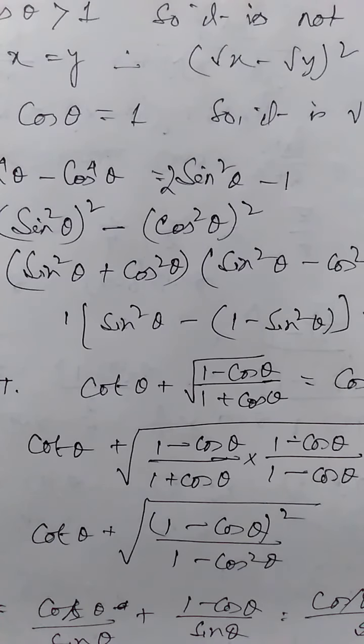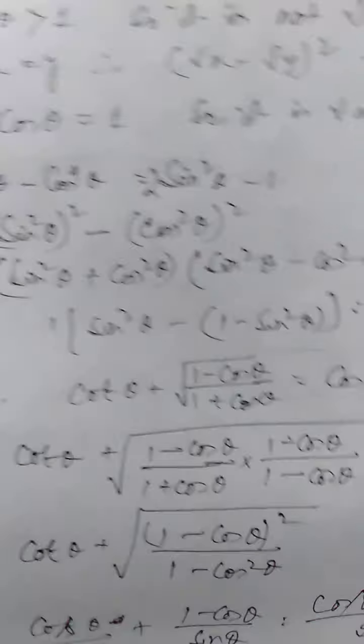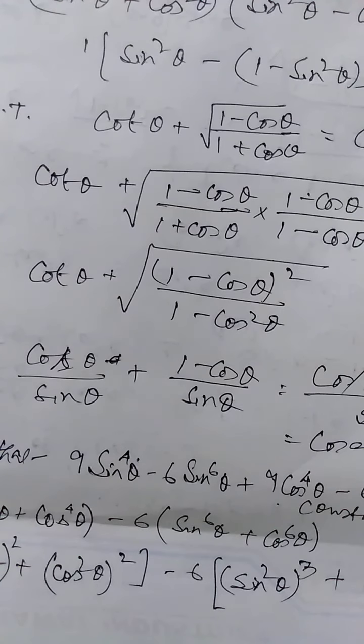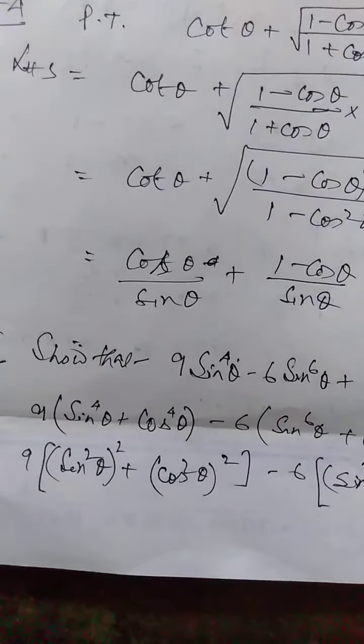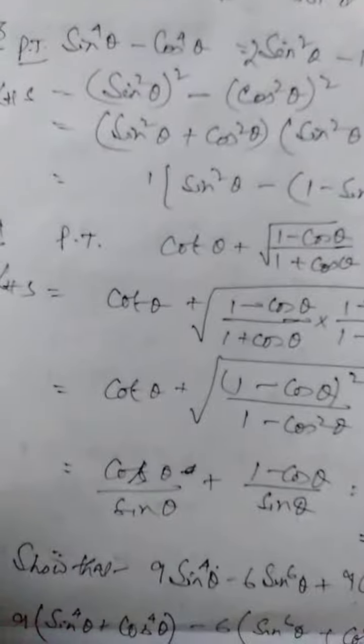But if you put x equal to y, then this part will become 0. And when this part becomes 0, we can say that cos theta is equal to 1.